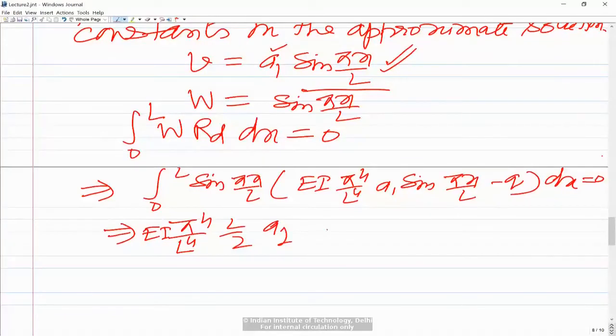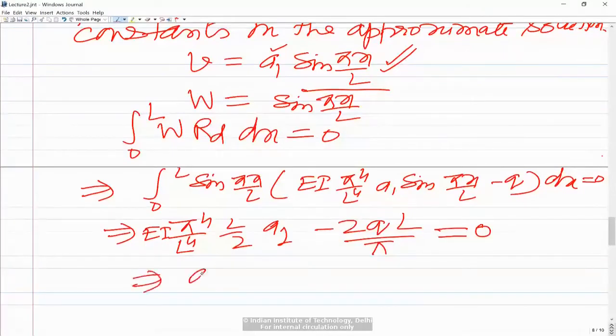So that will become minus 2qL upon pi, and this is equal to 0. Now we are equating the integral of the weighted residual to 0. So from this we will be able to find out basically the constant A1.